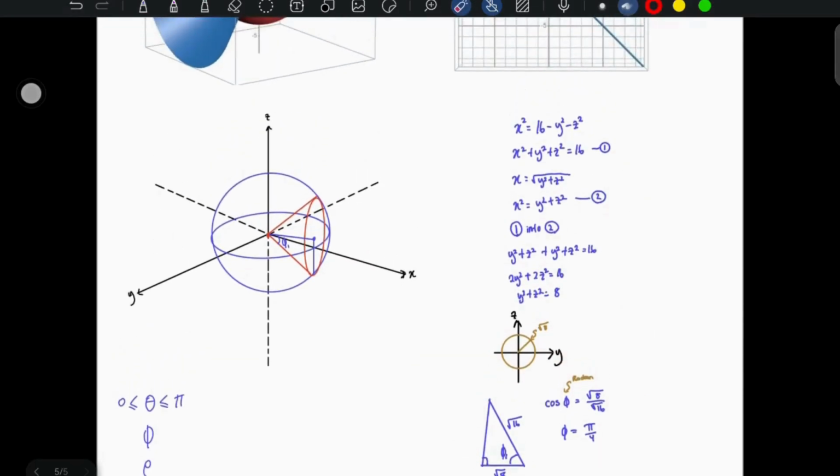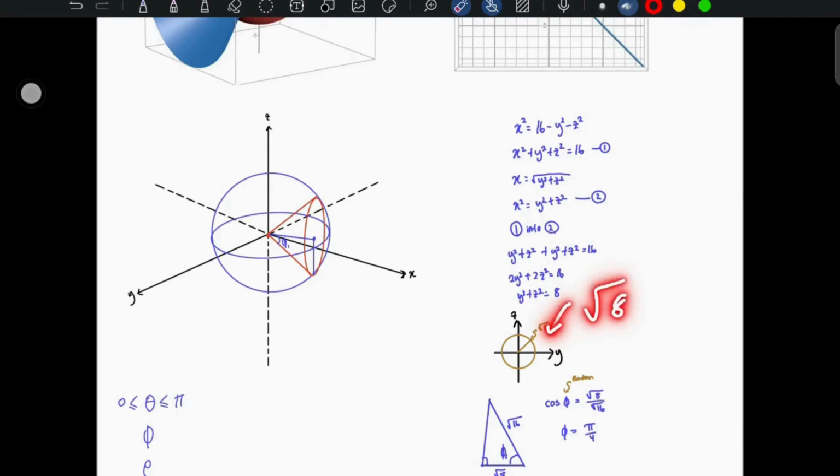This is the equation that I calculated before, where I used the equations of the sphere and cone. After that, I summed equations 1 and 2 and got the final answer of 8, which is the radius of the cone.